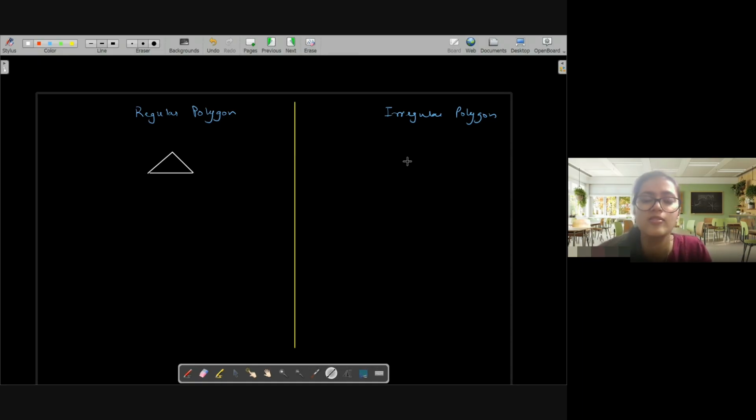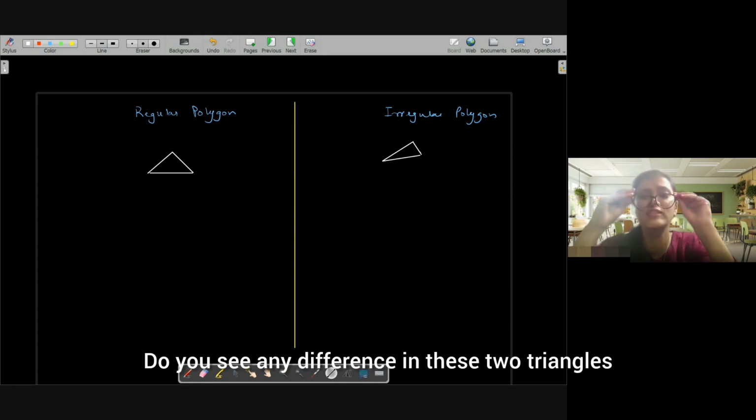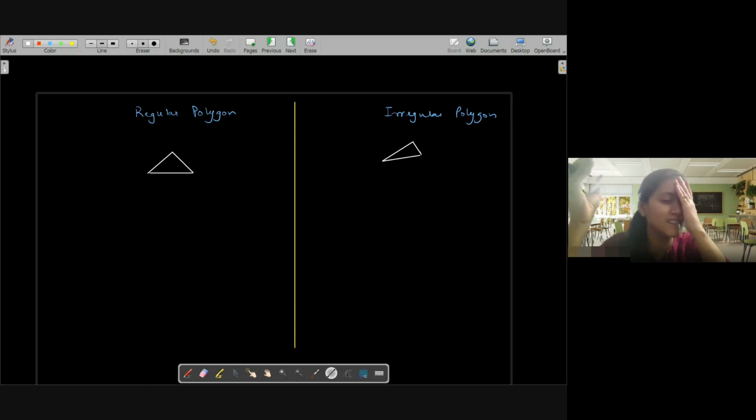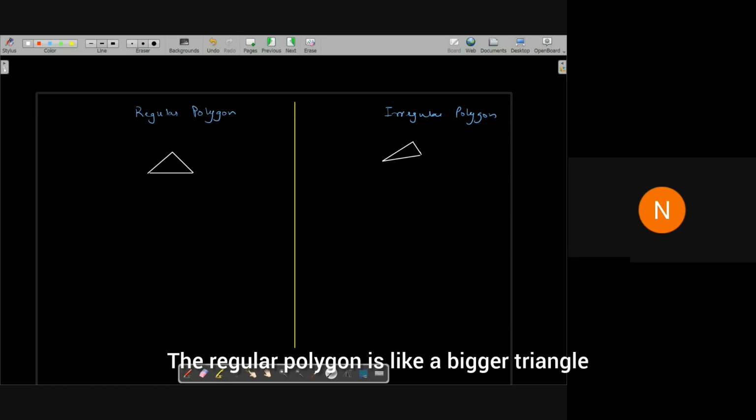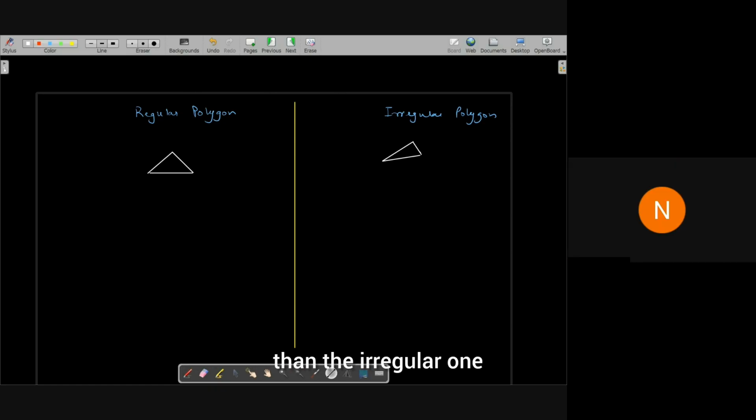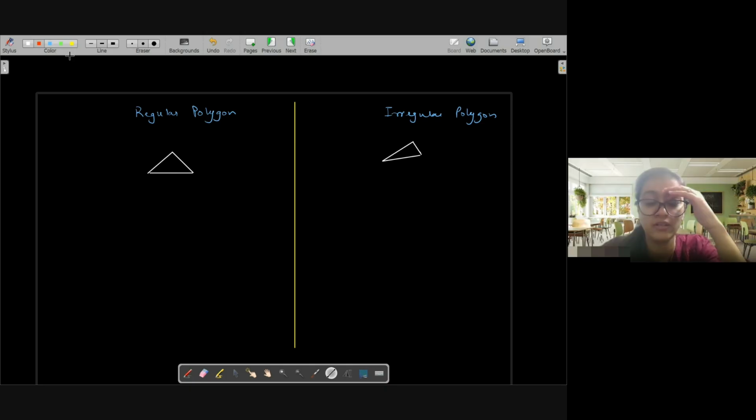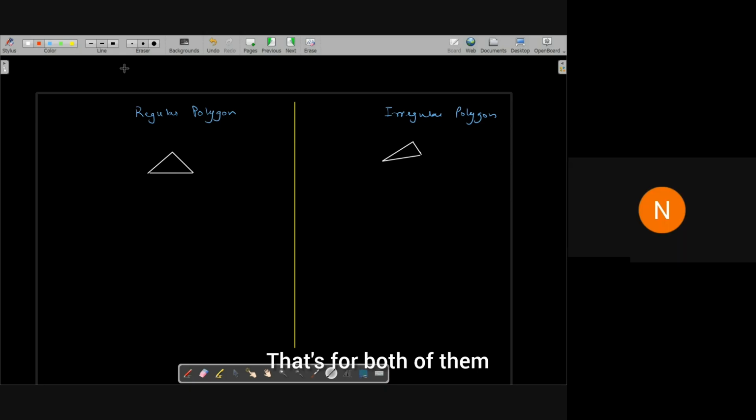This is one triangle, and this is another triangle. Do you see any difference? The regular polygon is like a bigger triangle than the irregular one. Bigger? Oh wait, no, that's for both of them.